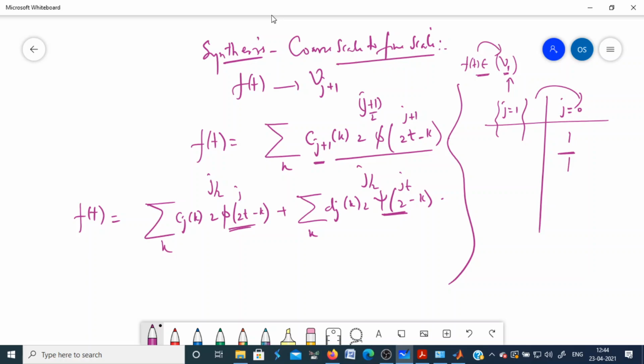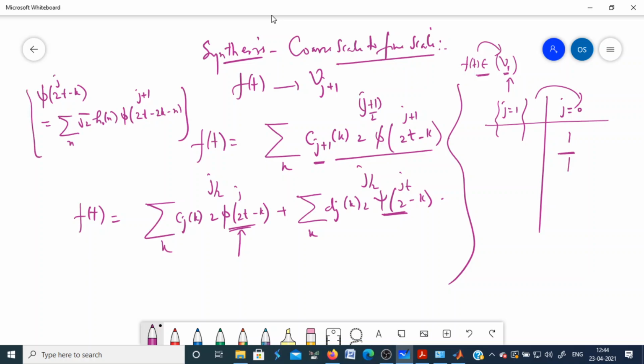Okay, now again, like in the previous case, we have expressed phi(2^j t minus k) in a different format. Starting from the multi-resolution analysis, we have got an equation like this: square root of 2 times sum of h naught(n) phi(2^{j+1} t minus 2k minus n).